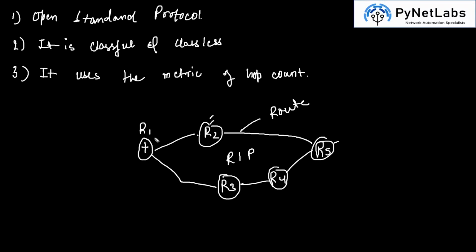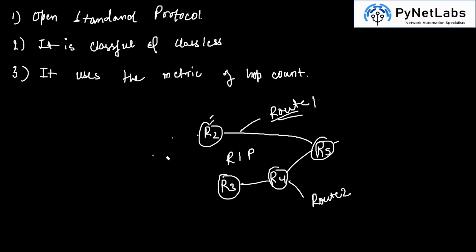Why? Because when it comes to hop count, this route has a smaller number of hops compared to this route. So let's say this is route 1 and this is route 2. RIP will always choose the route which has fewer hops. R2 is the hop of R1. So the next router on the topology is usually known as a hop.